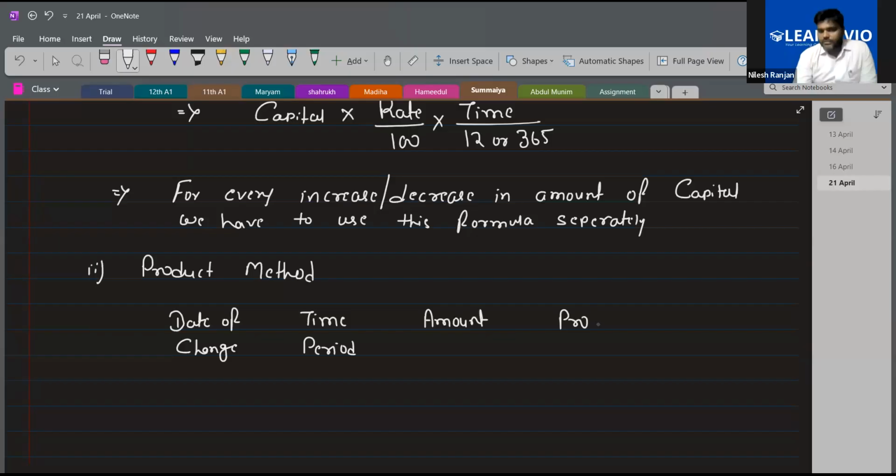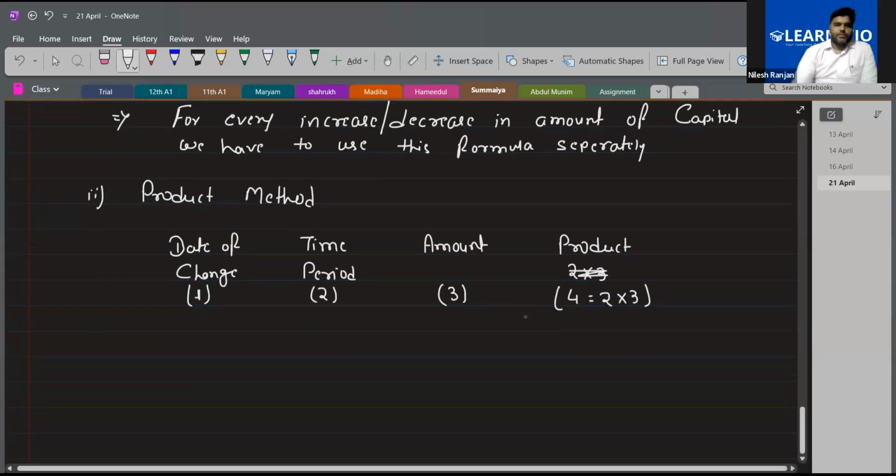And then the product. Product means 2 into 3. The column number 1, it is 2, it is 3, and it is 4. So 4 equals 2 into 3. So this is our table that we prepare.